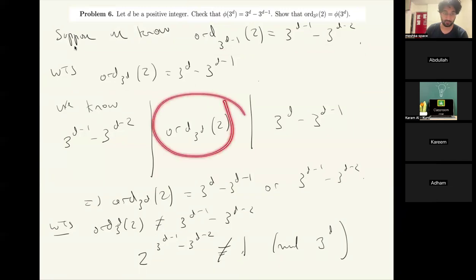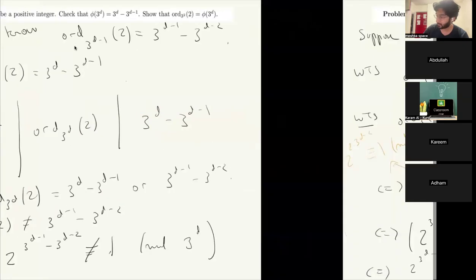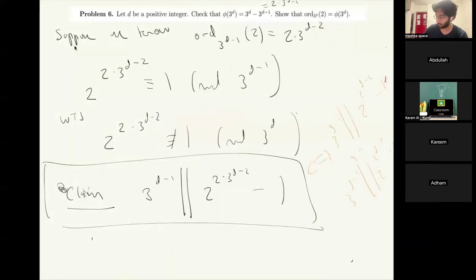Because we can sandwich the order mod 3 to the d like this, it reduces to showing that the order mod 3 to the d is not the same as the order mod 3 to the d minus 1, which then, if you understand what that means, is equivalent to the claim. And the claim you prove by induction. So you can try to write down the solution for homework.